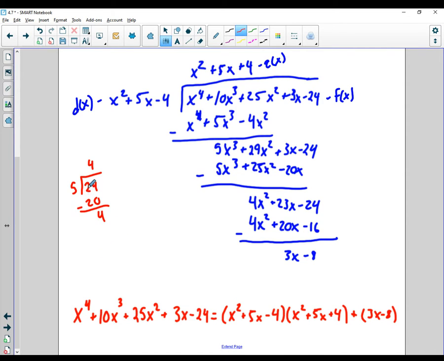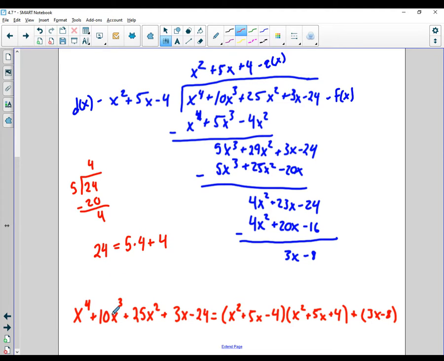So that tells us that 24 is equal to 5 times 4, these two things, plus the remainder 4. And hopefully that kind of clears it up.